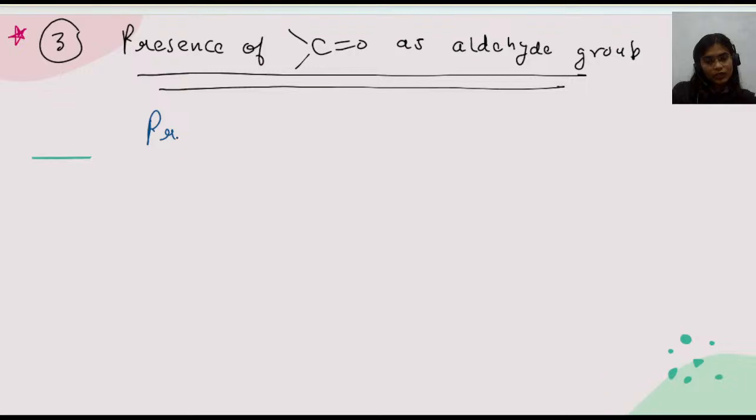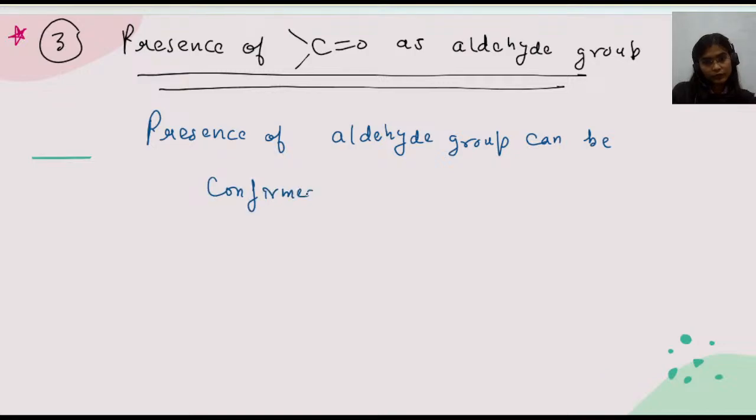The theory says the presence of aldehyde group can be confirmed by oxidation with a mild oxidizing agent. Now the question will be why I'm using a mild oxidizing agent. I will tell you as well.